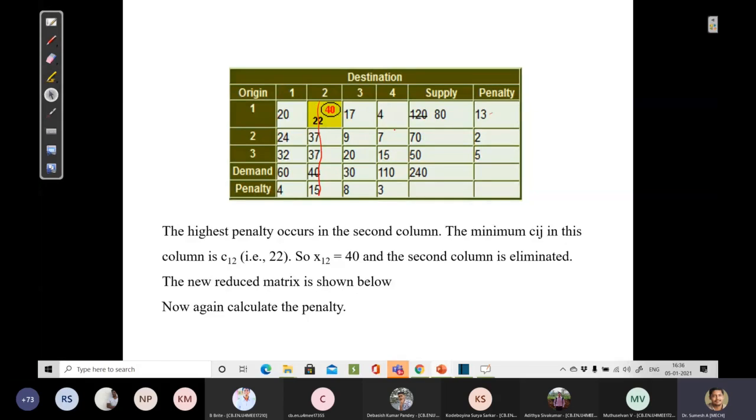So the largest difference is 13, and the lowest cost in that is 4. So 4, you have a demand of 110 and supply is 80. That 80 you can provide over there. This 110 balance will be only 30. So first row also gets eliminated.